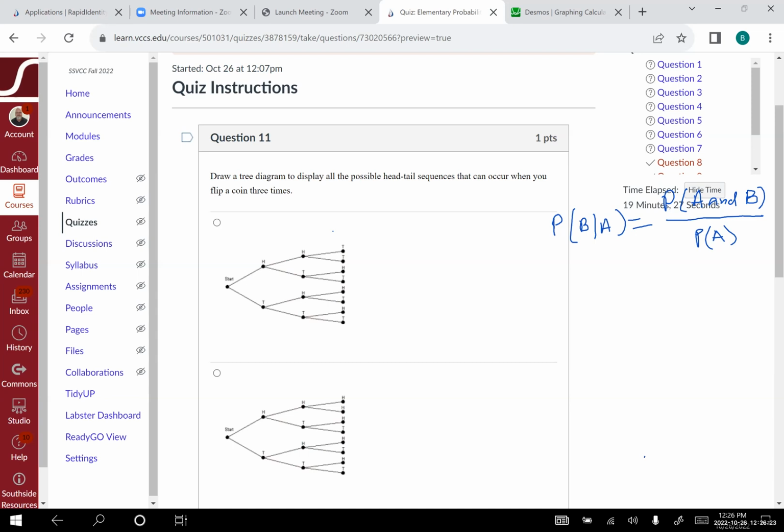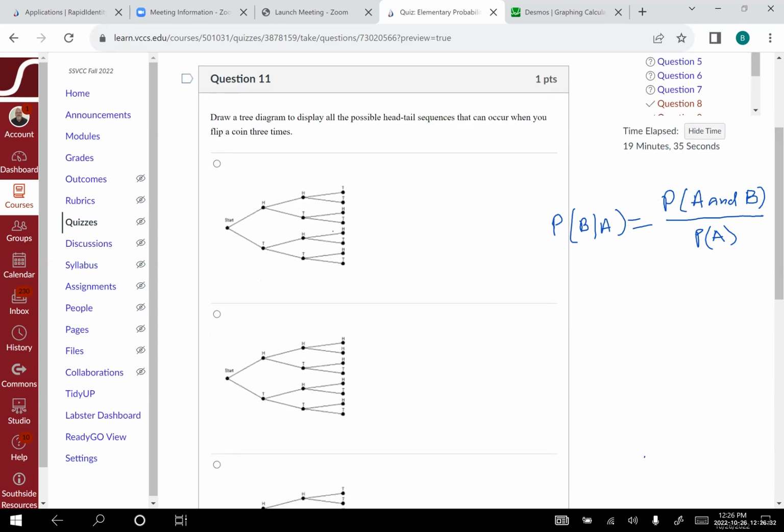It's not the first one. It's not the second one. And that's Mallory, right? Yeah, Jalen. It's not the third one. Jalen, I'm sorry. Let's see, Jalen. Try to catch up with you here. It's not this because you can see here, this flipping here, tails and tails.